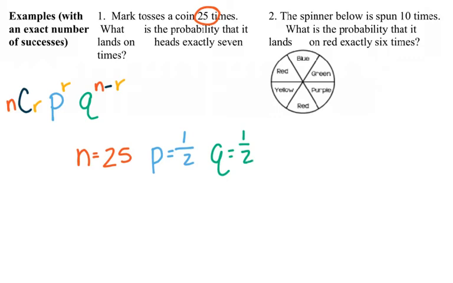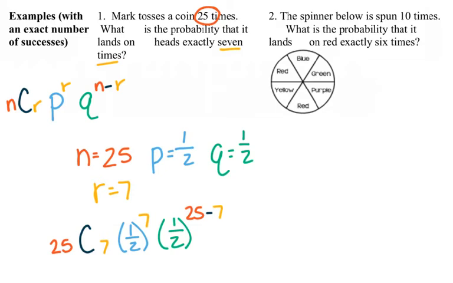And my R, I'm talking about 7 times. Okay, so I'm going to plug all of these in, and I'm going to color code. Okay, so it should look like this. Alright, so when I type that in my calculator, I get 0.0143, or I'm going to change that to a percentage, 1.43%.